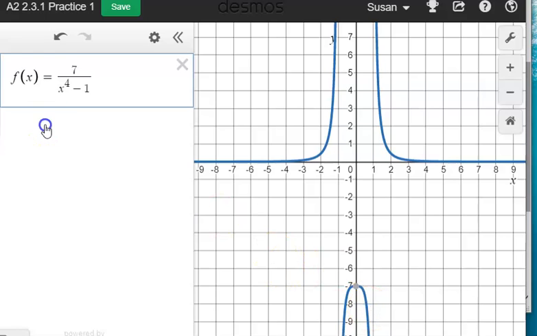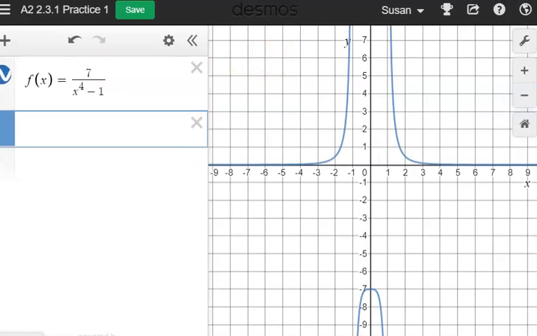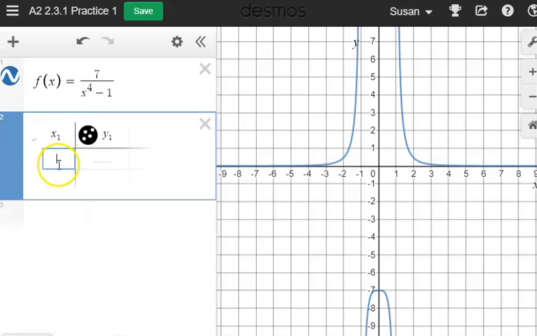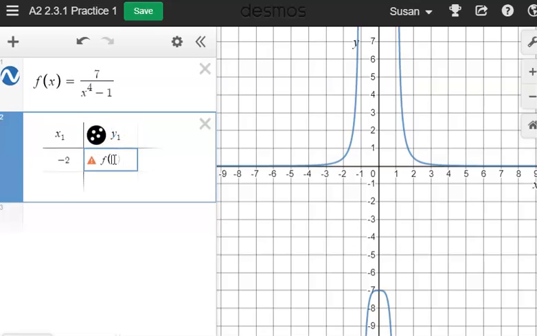If you go to the table, let's create a table to see more. Move this over. If you do plus, you can make a table, and you can put in the value negative 2, and then you can put, I guess, f of negative 2.